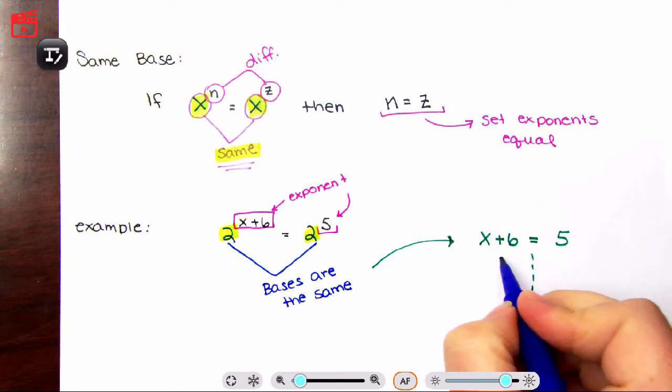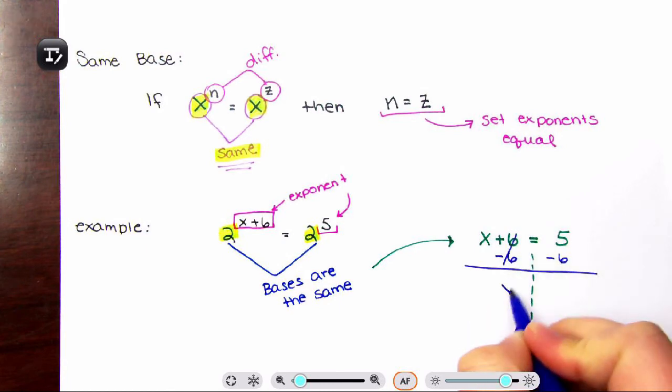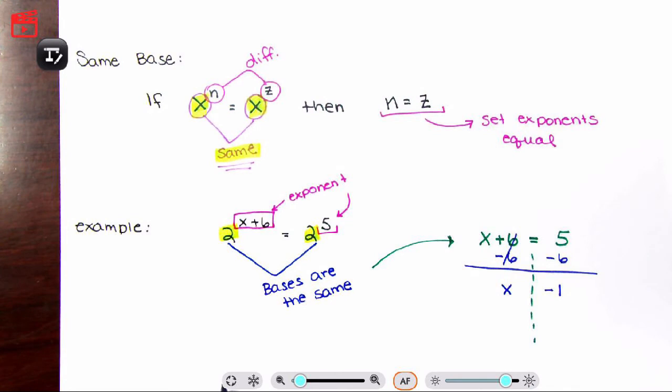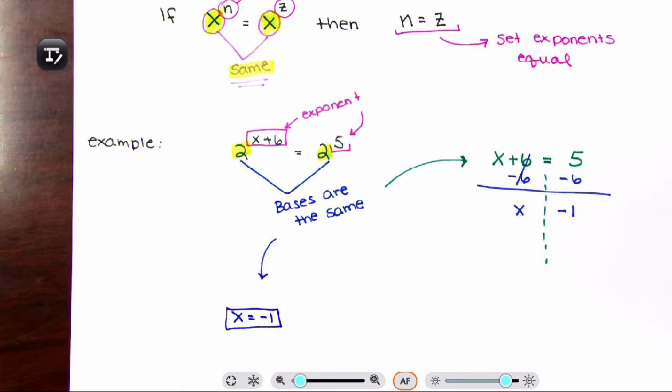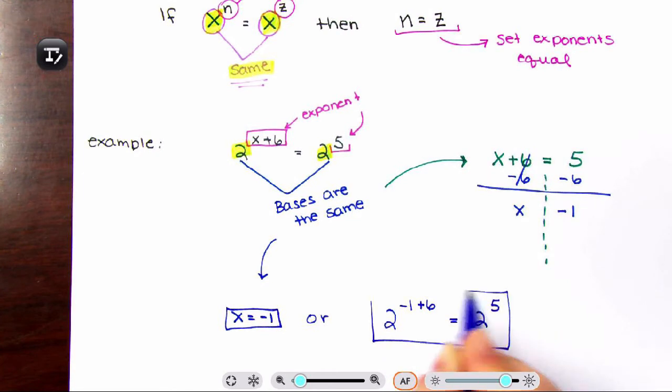We're going to subtract 6 from both sides. x is now equal to negative 1. You can write the answer like this, or you can say 2 to the negative 1 plus 6 is equal to 2 to the 5th power. Up to you.